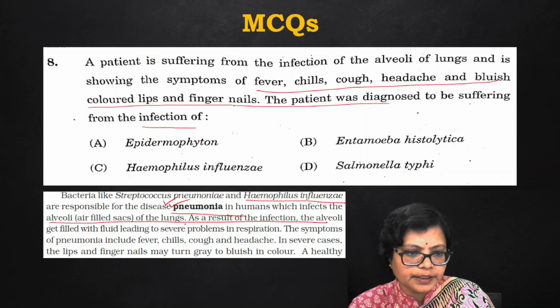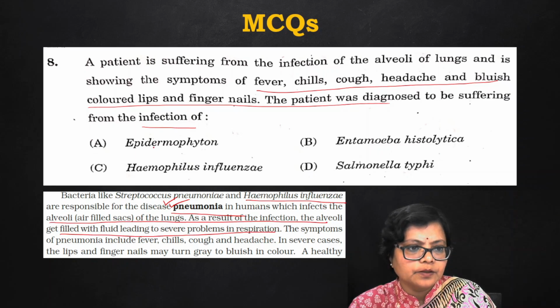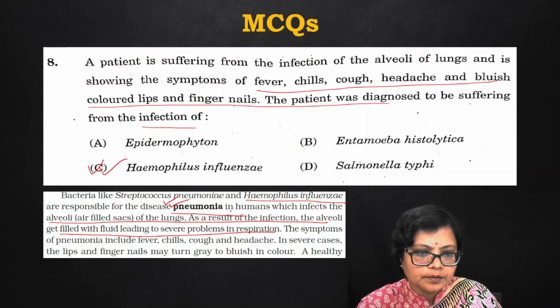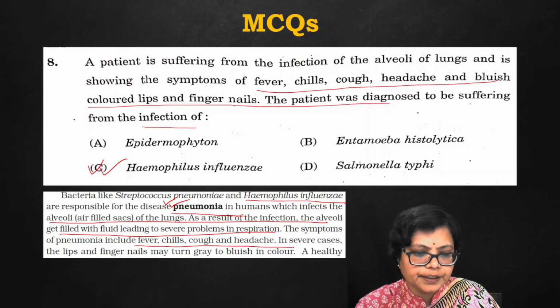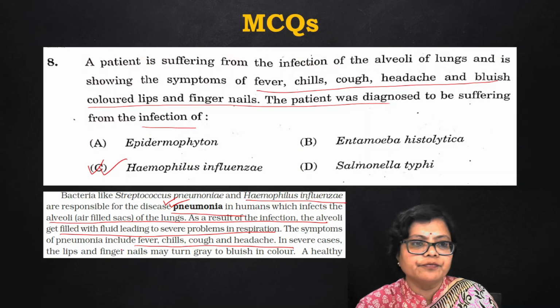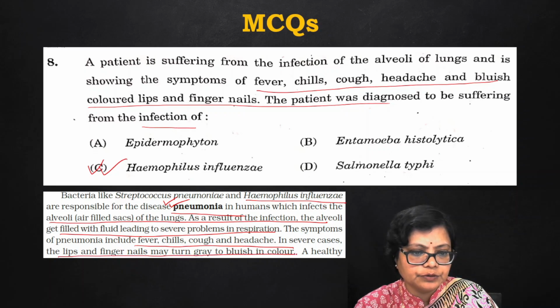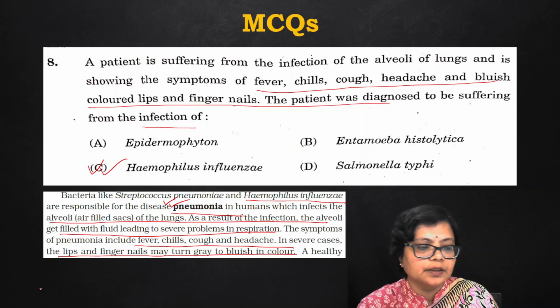This screenshot is taken from your NCERT book. So the correct answer will be option C, Haemophilus influenzae. Fever, chill, cough, headache: exact line copied from the book. And the lips and fingernails may turn bluish to grey to bluish in color.